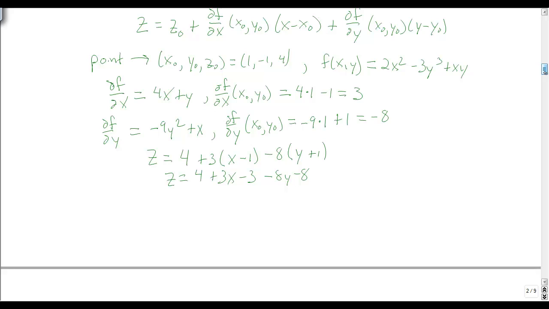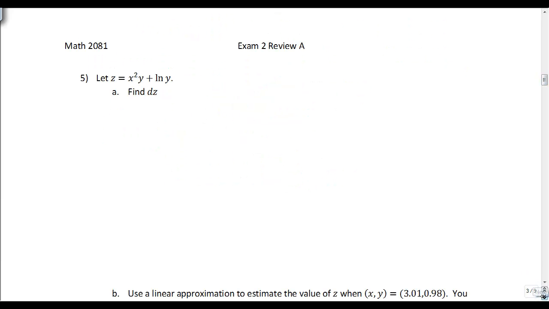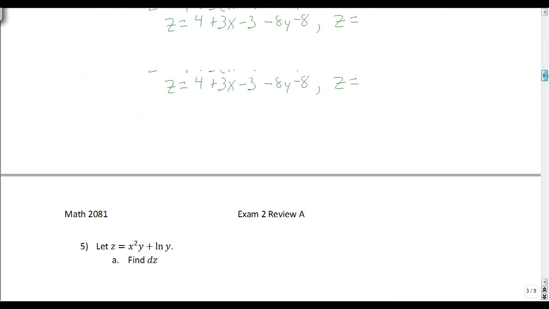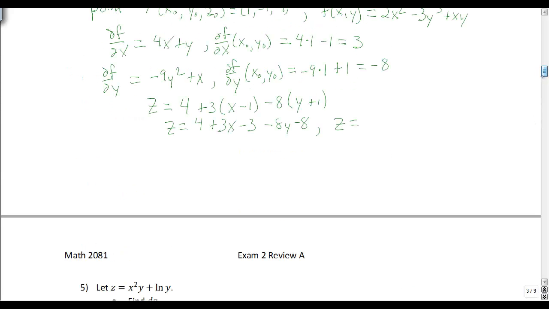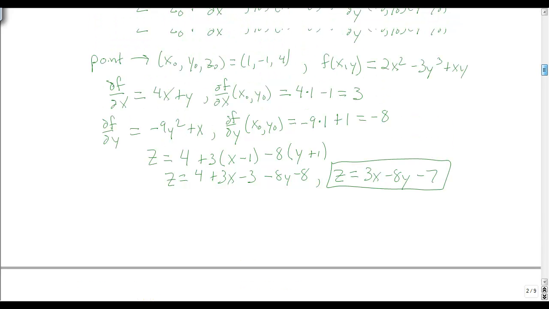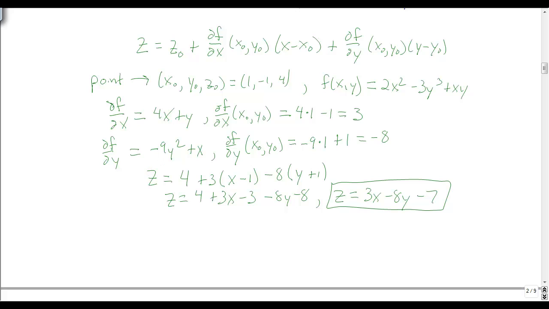And so that would give us z equals 3x minus 8y, and then we have a plus 4, minus 3 is 1, minus 8, minus 7. So that'd be a relatively nice form of the tangent plane. Technically, I guess you probably could have stopped here, said, oh, that is an equation of the tangent plane.